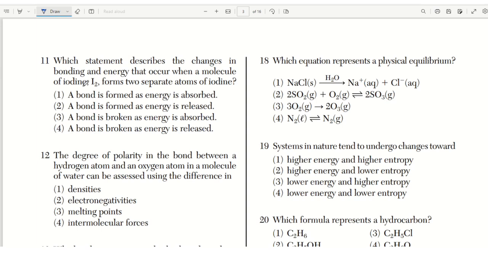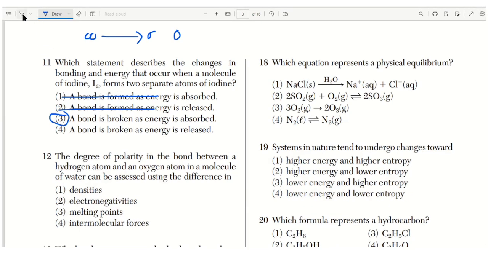Okay, so we have I2 forming two separate atoms of iodine. So that is definitely breaking a bond. So eliminate these two. I'm at a 50-50 chance. And in order to break something, that takes some energy, so energy is absorbed.